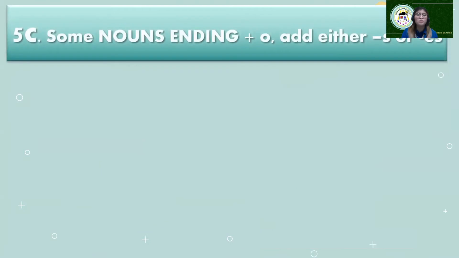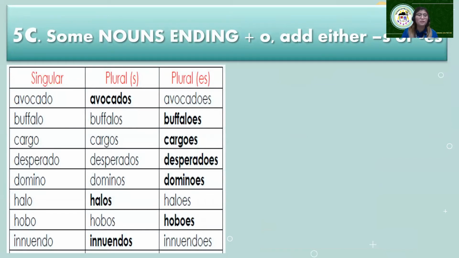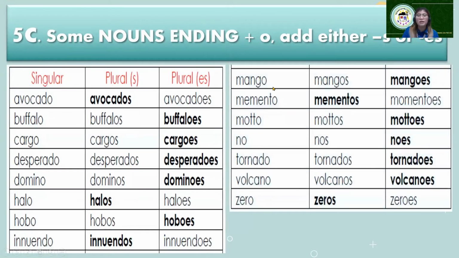Next, we also have some nouns ending in O that add either S or ES. Now this time, they are not pictures, but these are some examples of words. So we still have avocado, buffalo, cargo, desperado, halo, hobo, innuendo, mango, memento. Memento is a souvenir. Motto is like what you believe in life.